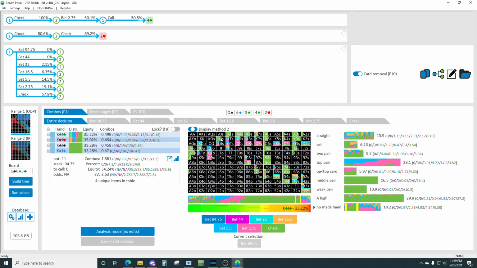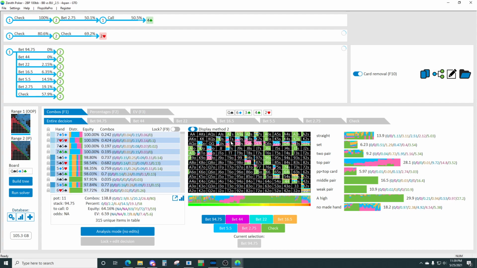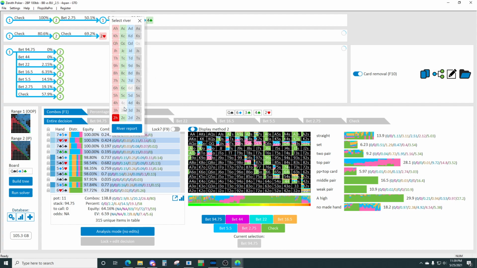King jack still wins quite a bit, but even some king jack is bluffing the river. So that just goes to show how much bluffing out of position gets to do on these runouts, because of how good this runout is for them.